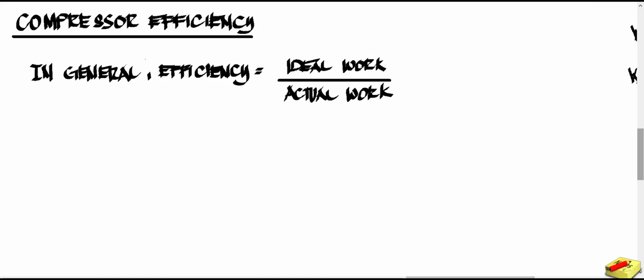When we say actual, it is already fabricated and manufactured, so what will be the output work of that one versus the calculated one on the design phase. That is, in general, the compressor's efficiency.